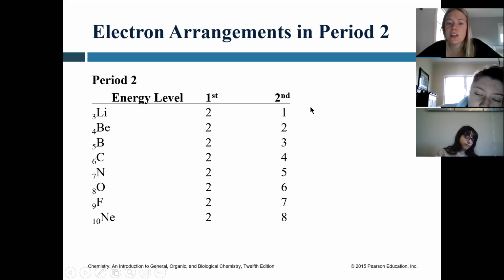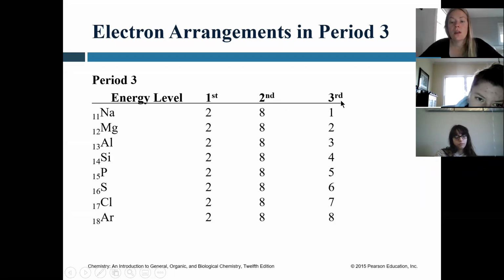So you might start to see here that you're literally just piggybacking off of the atom that came before, right? Lithium has the 2 from helium, and then it adds 1 more into the second. And as we go through period 2, we just add 1 electron. Neon, which has an atomic number of 10, would have 10 electrons as well, 2 here and 8 here. The second energy level can hold 8 electrons.